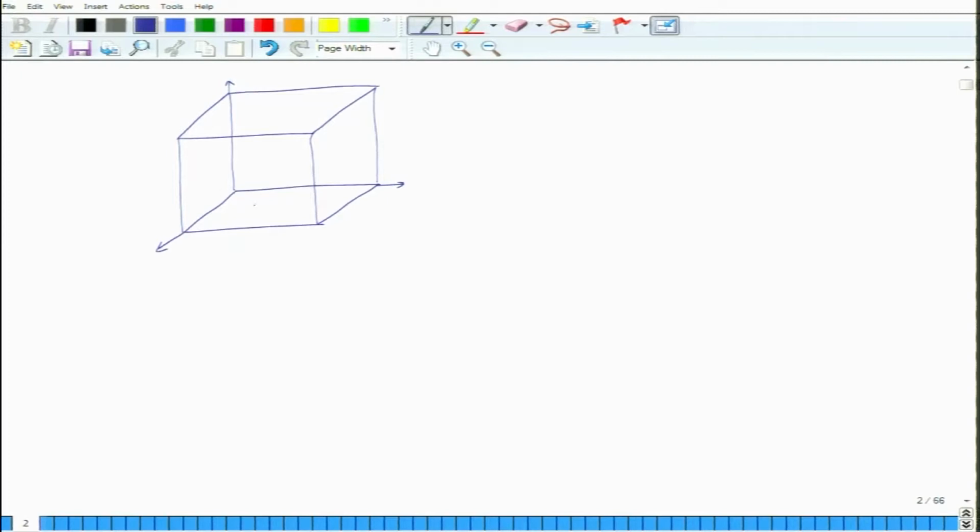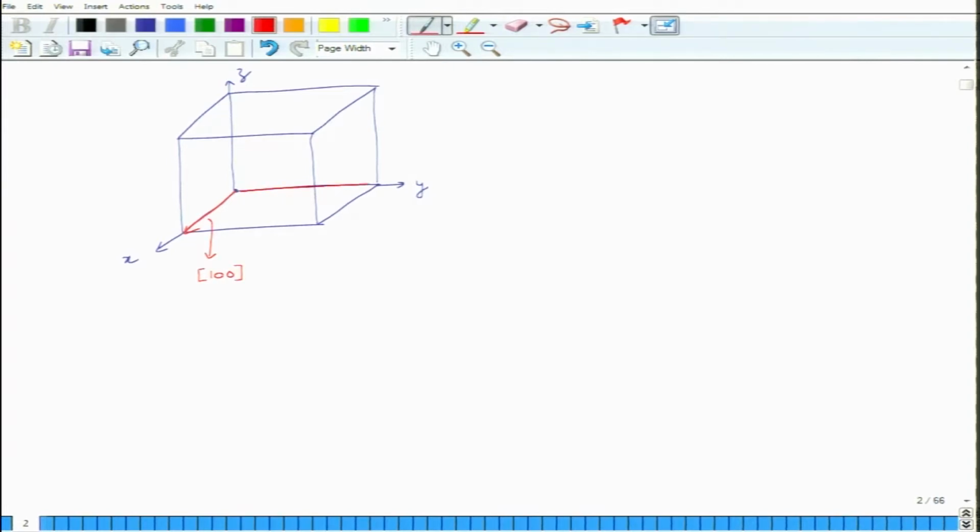So you can see that in this system, if this is x, y, and z, this direction is depicted as, what would this direction be if I take this as origin? This direction would be 1 0 0, because you have intercept of 1 along x. So this is 1 0 0.